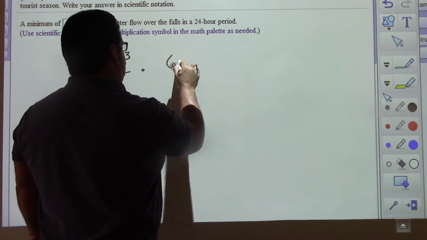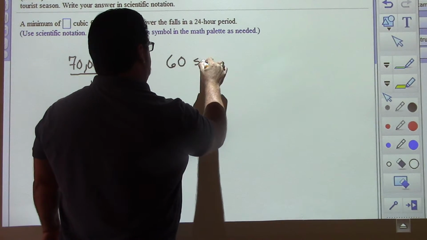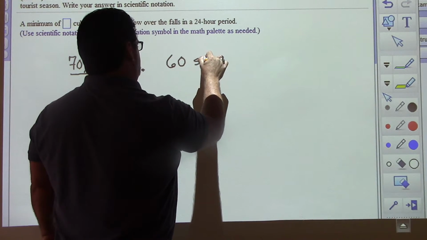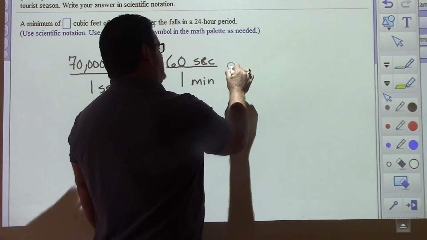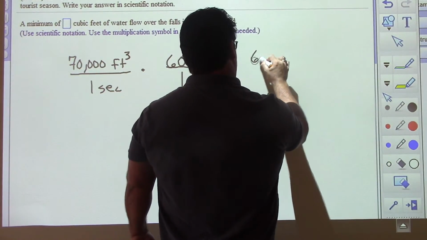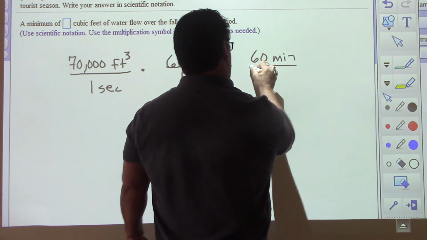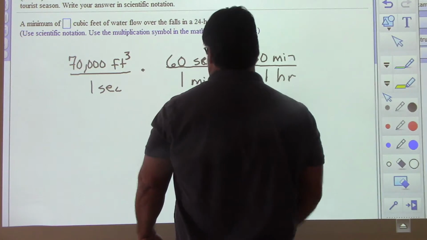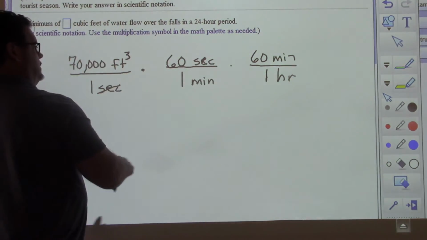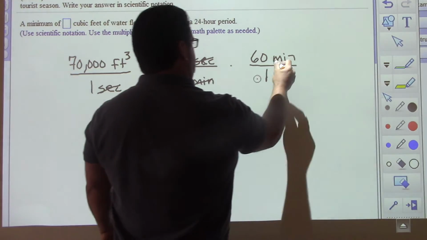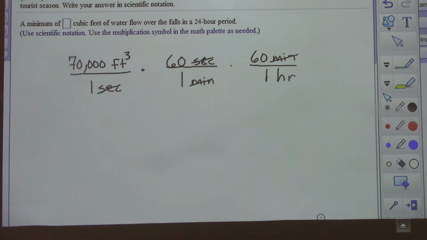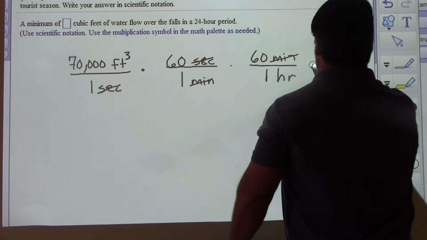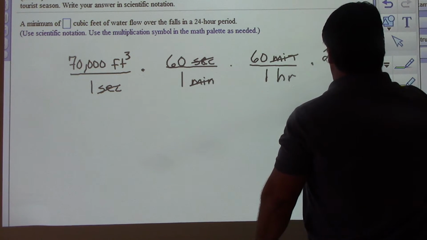How many seconds are in a minute? 60 seconds, 1 minute. And how many minutes are in an hour? Now if you cancel the seconds and the minutes, what are you left with? An hour. And they want to know in a what? 24 hours. So you'd multiply by 24 over 1.